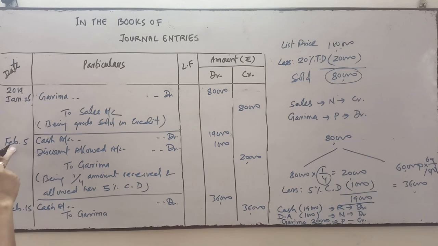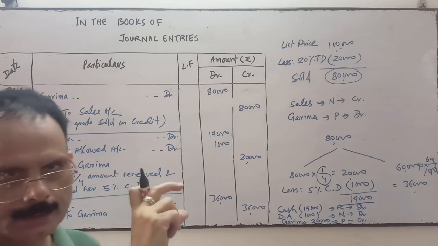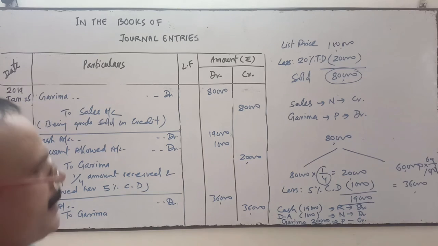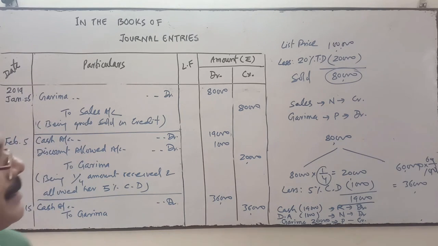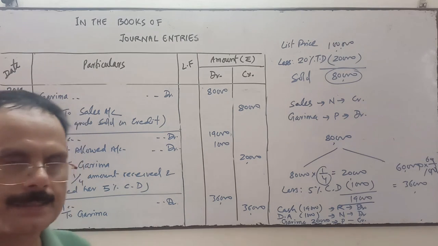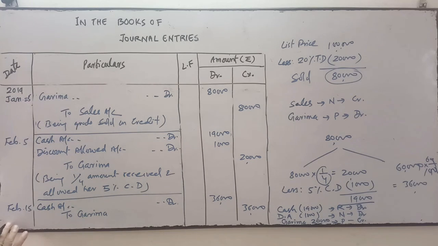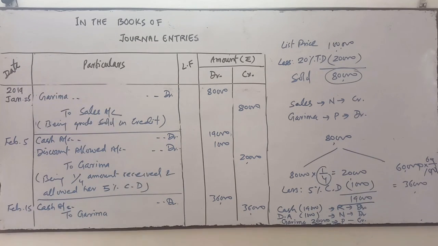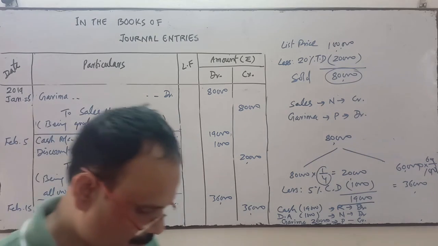But when she paid the amount on February 5, we have given 5% cash discount because it is within the grace period of 15 days. So within the 15 days, if Garima pays the amount, then only she will get the cash discount, otherwise she will not get the cash discount. So for the February 15 payment, when she pays 60% of the rest amount, 36,000, she will not get the cash discount at all. So is it clear?